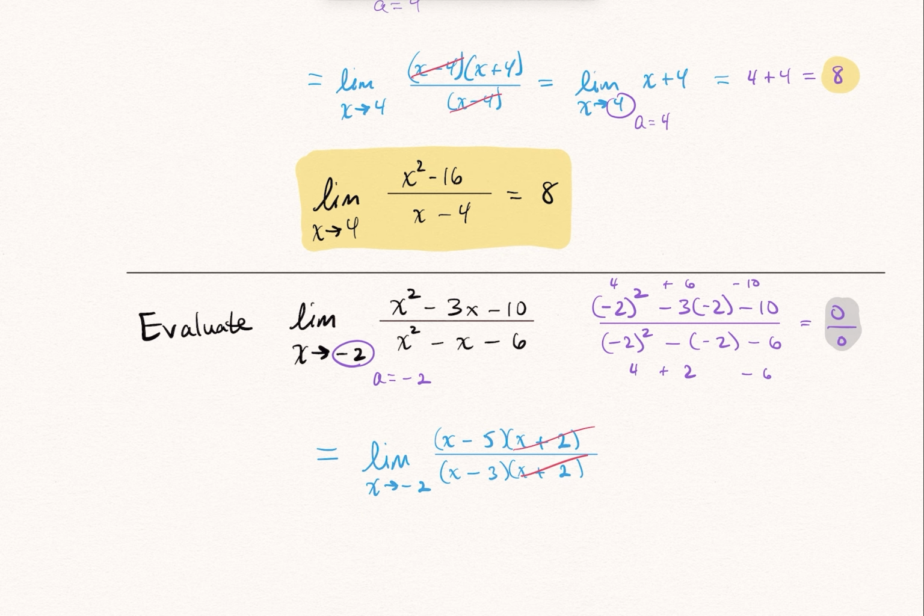Here a is negative 2, so we should see an x plus 2 in both. If you don't get that cancellation, then either it's the wrong structure or you're not factoring correctly.